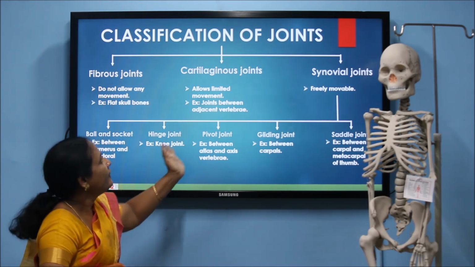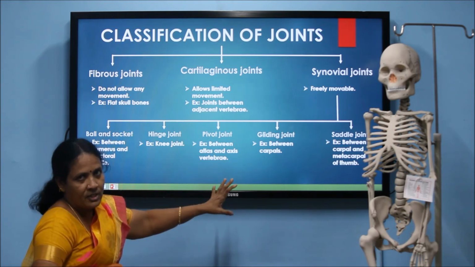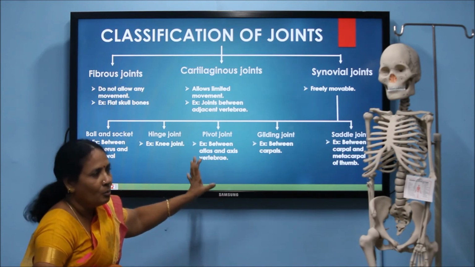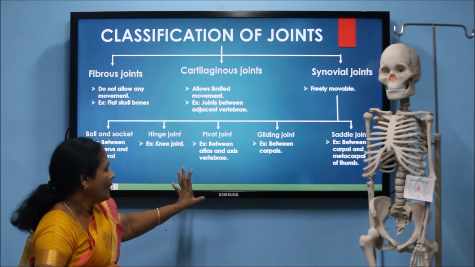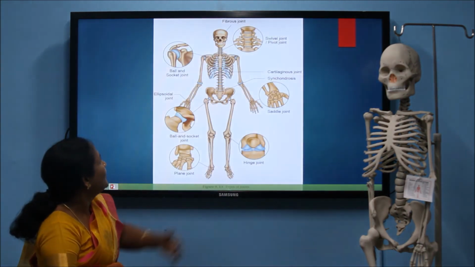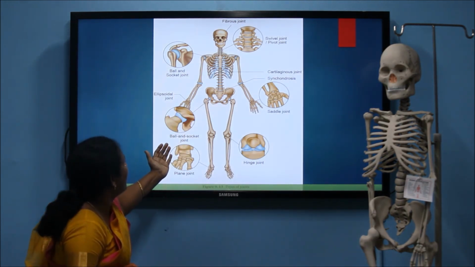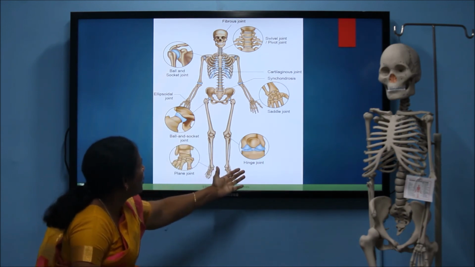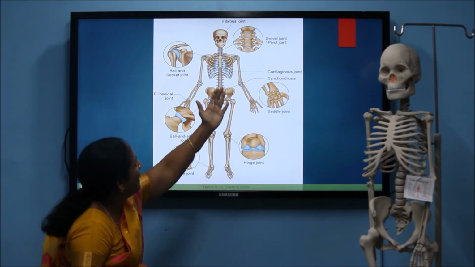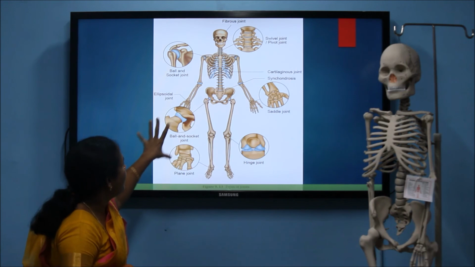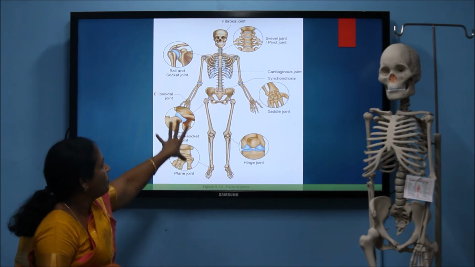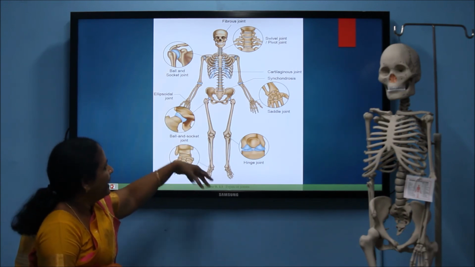These are the different types of joints which are essential to bring movement to our body: ball and socket joint, hinge joint, saddle joint, pivot joint.